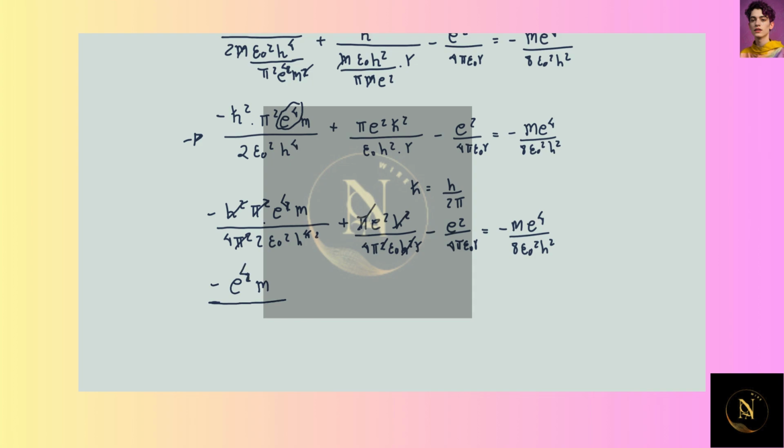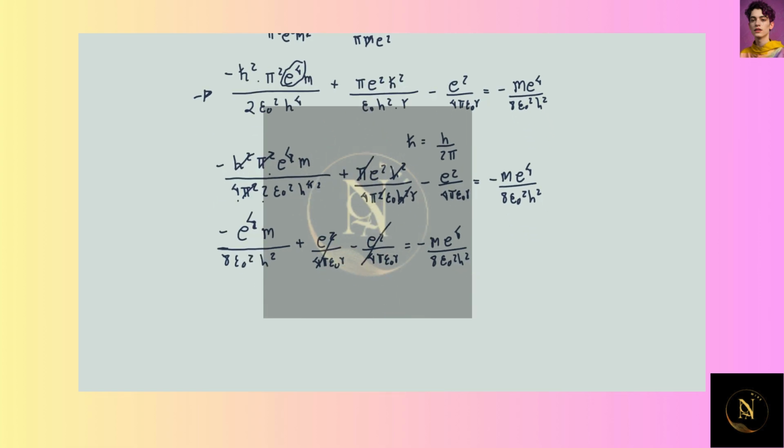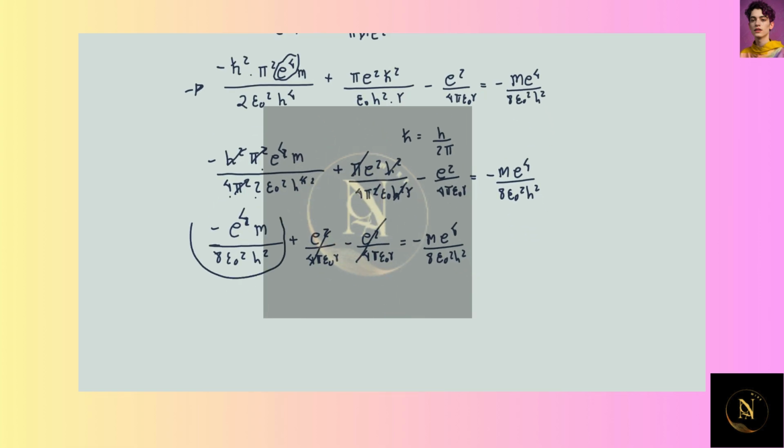So e to the 4th times m divided by 8 epsilon 0 squared h squared, plus e squared divided by 4 pi epsilon 0 r, minus e squared divided by 4 pi epsilon 0 r, and this should be equal to minus m e to the 4th divided by 8 epsilon 0 squared h squared. Note that this term cancels this term, and finally this term is exactly the same as this term. So Schrodinger's equation is satisfied.